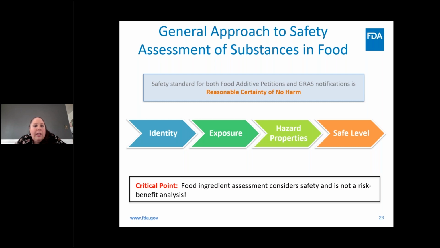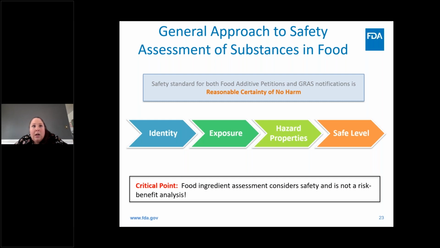We rely heavily on the chemist on the team to assess information on the identity of the ingredient. So for example, in the manufacturing process of this ingredient, are there contaminants? And at what level are these contaminants? These are questions the toxicologist will ask. We also need the chemist to confirm how much of this substance a consumer will eat or drink.